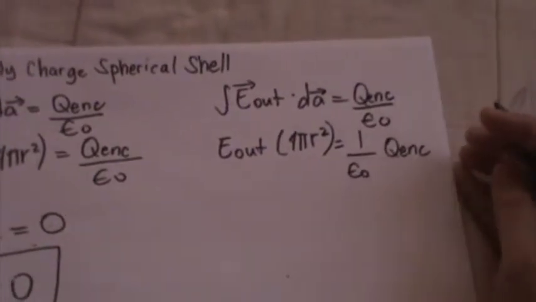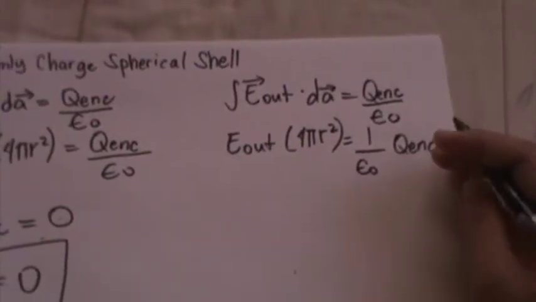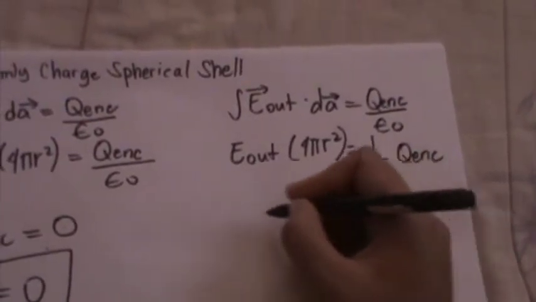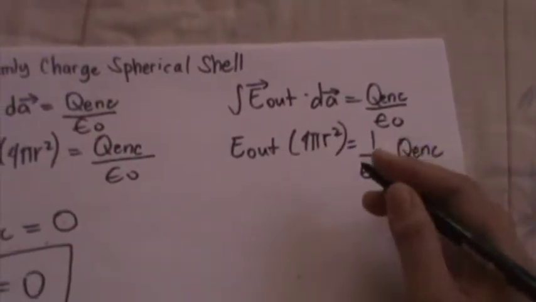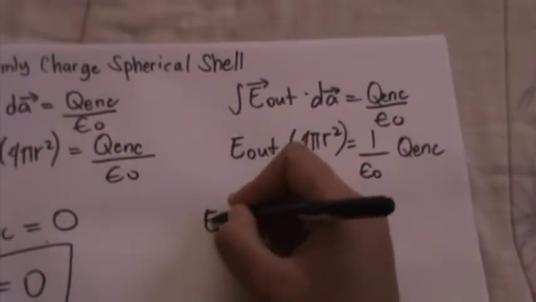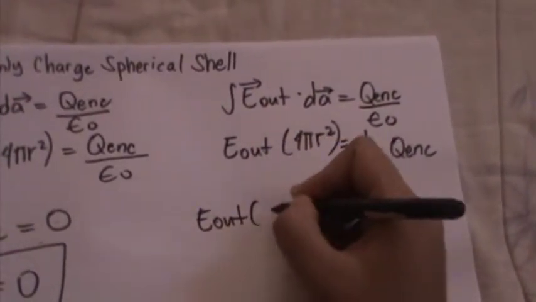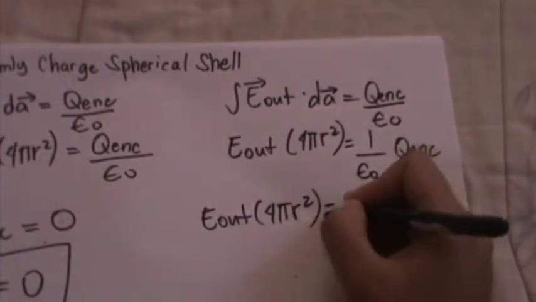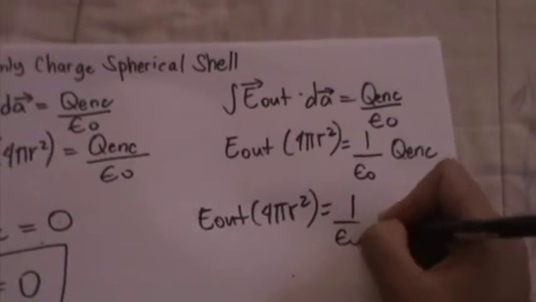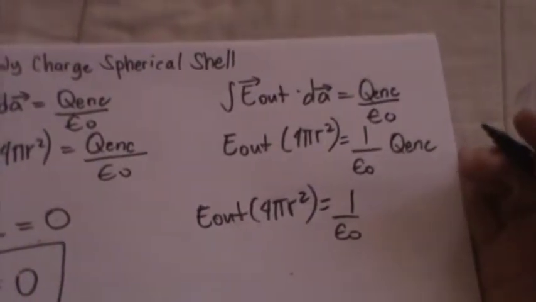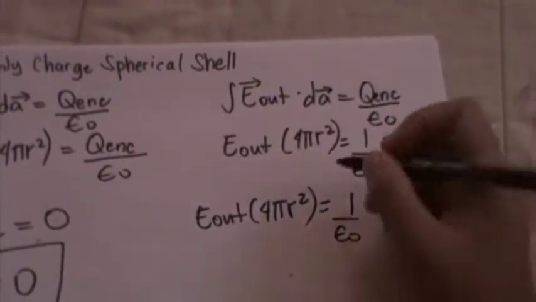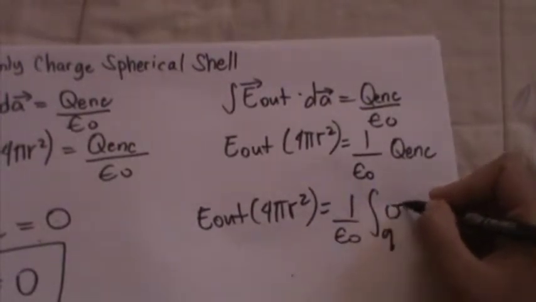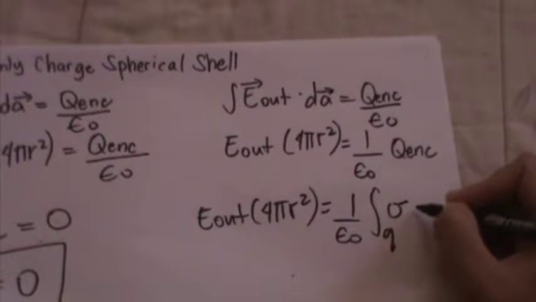Recall that E outside multiplied by 4 pi r squared is equal to 1 over epsilon naught times Q enclosed, and Q enclosed can also be equal to the integral of the surface charge density, sigma, multiplied by dA.